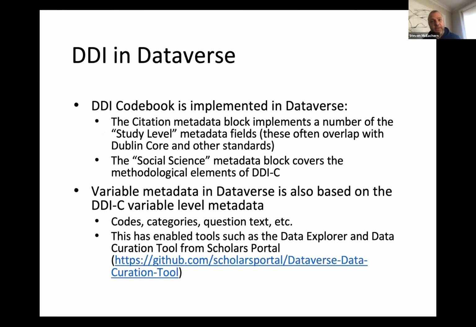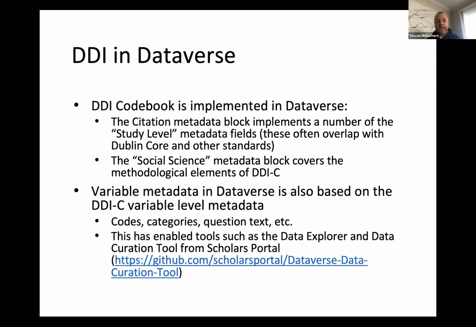The other thing, if you weren't aware, is that DDI is basically baked into a lot of what's within Dataverse. DDI Codebook is implemented in Dataverse, and you'll see it within the citation metadata block, in the social science block, and to some degree within the geographic metadata block as well. There's quite a bit of overlap with Dublin Core for those familiar with it, but it's basically implementing a number of what we call study level metadata fields.